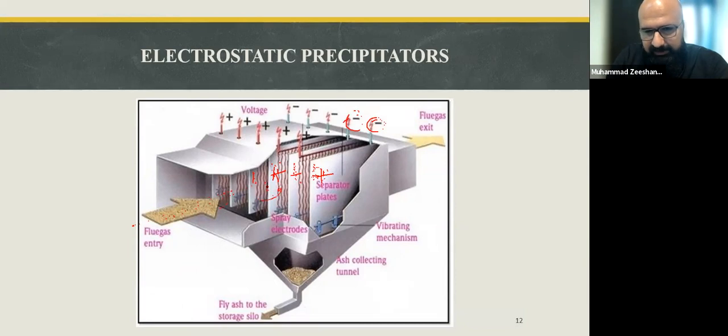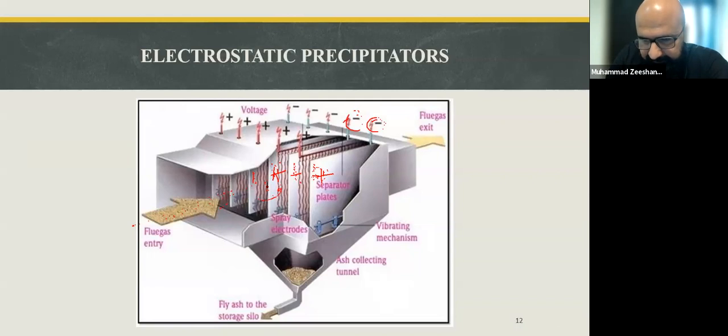This is versatile because this equipment can handle particulate matter of different sizes. Whereas in the previous options that we have discussed, every equipment has its own limitations because those equipments were exploiting the mass of the particle.